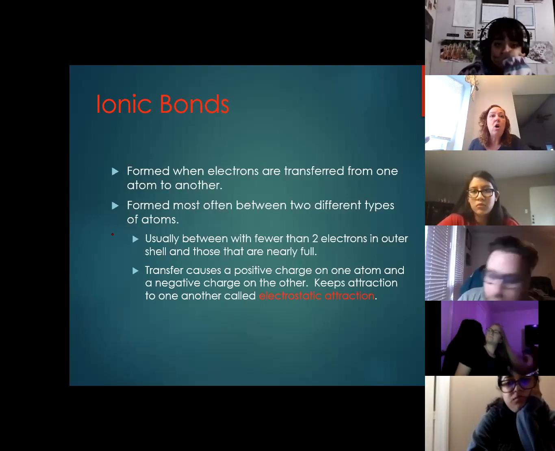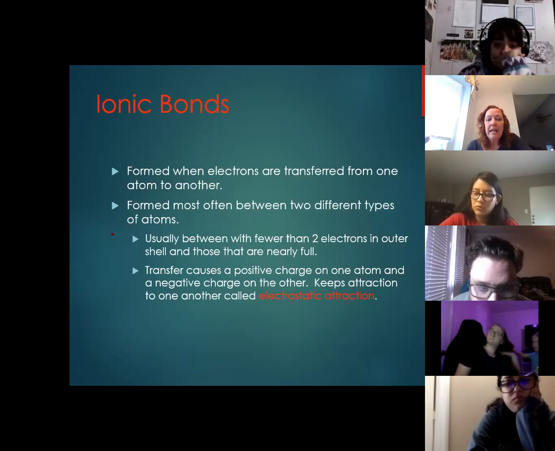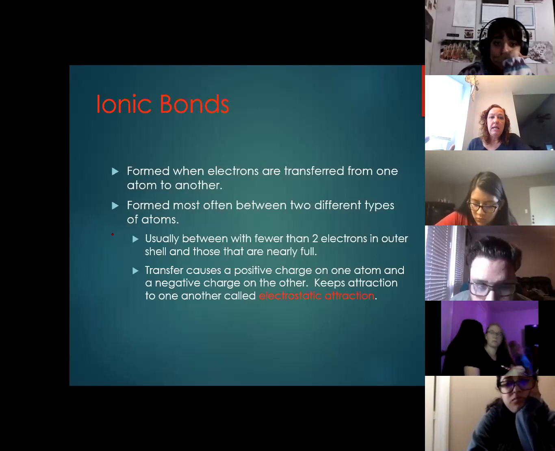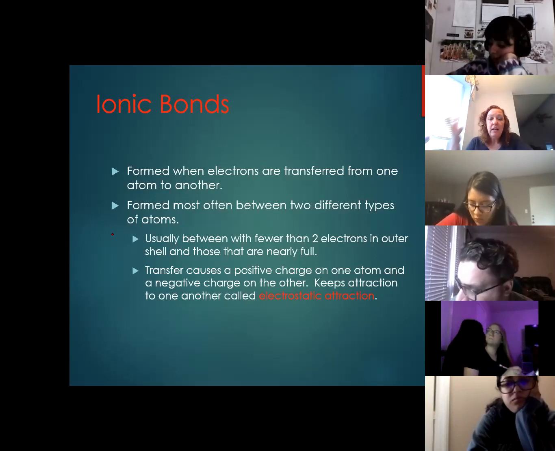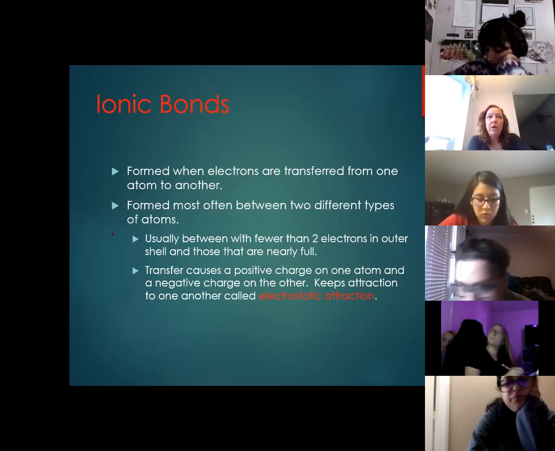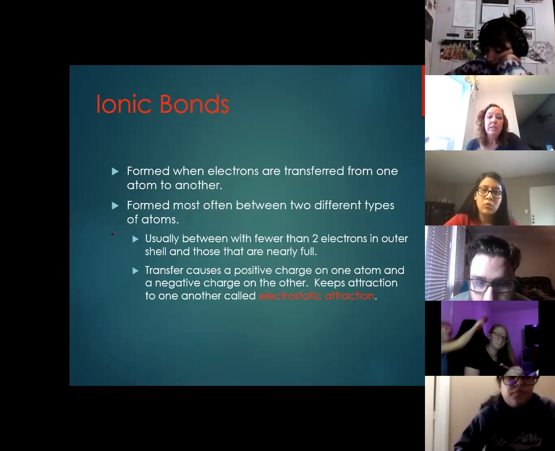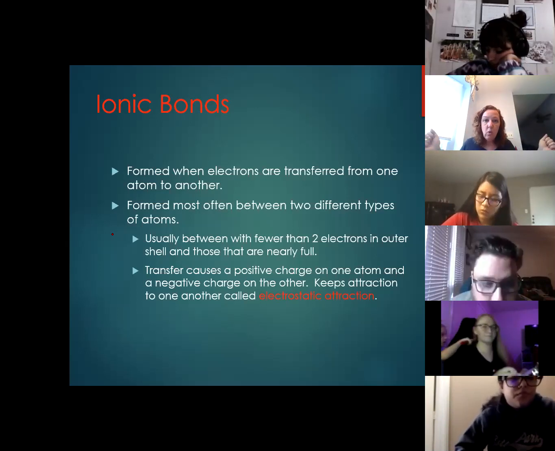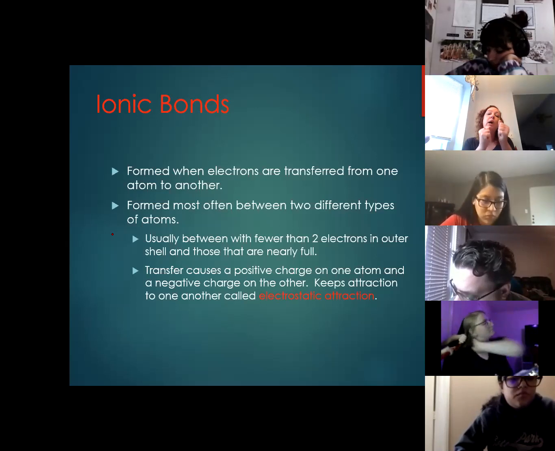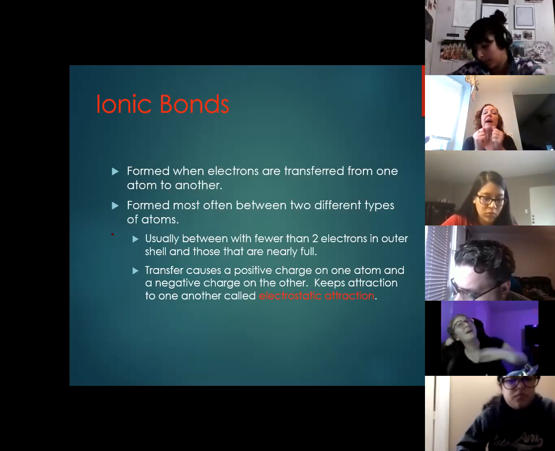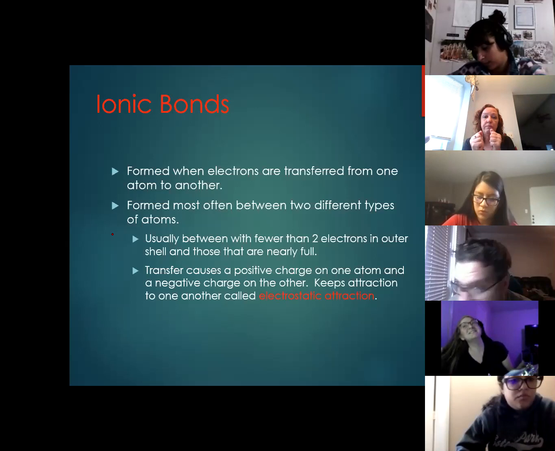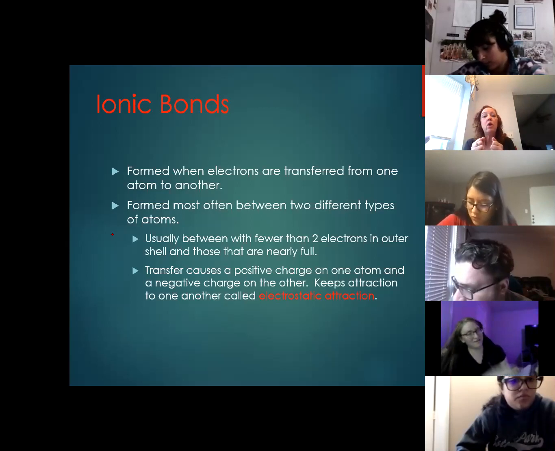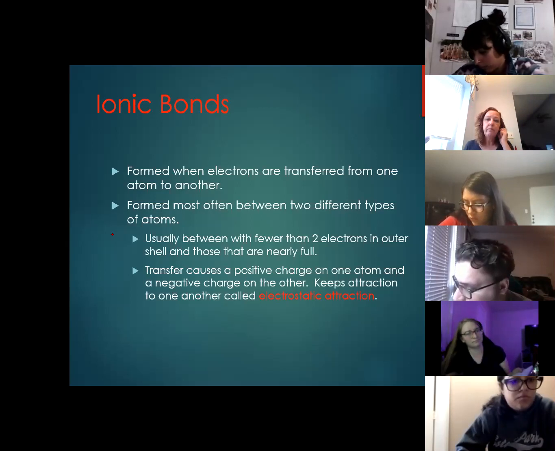So you now know the suffix ic means pertaining to. Ionic means a bond pertaining to ions, and an ion gains or loses an electron. Because positive and negative attract, we have an electrostatic attraction, no different than the static on your pants or the balloon on the wall. So that's an ionic bond.